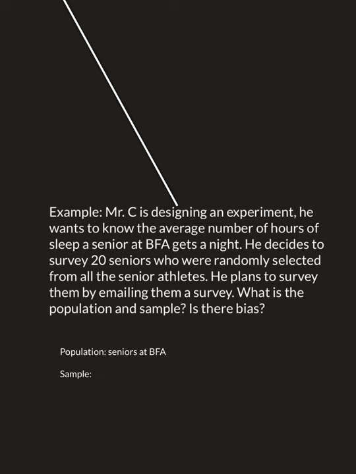So our sample is the 20 randomly selected senior athletes. So what do you notice here? Our population is the seniors at BFA, where our sample is 20 randomly selected senior athletes.